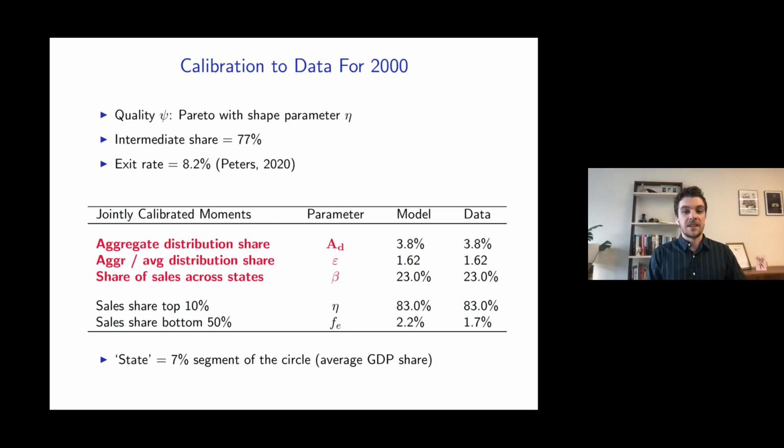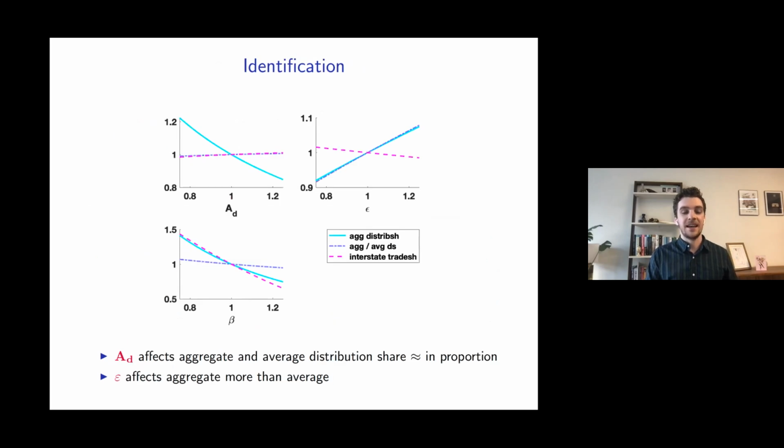Now, obviously this is all jointly calibrated, but we can show some figures to help with intuition about how the different parameters are identified. Each of these figures starts with our baseline calibration, changes one parameter, shown on the x-axis relative to its baseline value, and plots the change in the 3 key moments related to distribution.